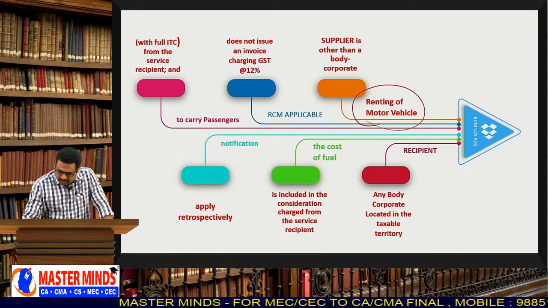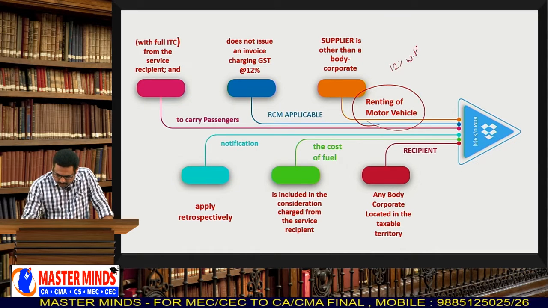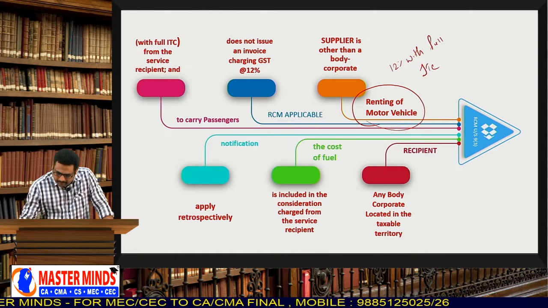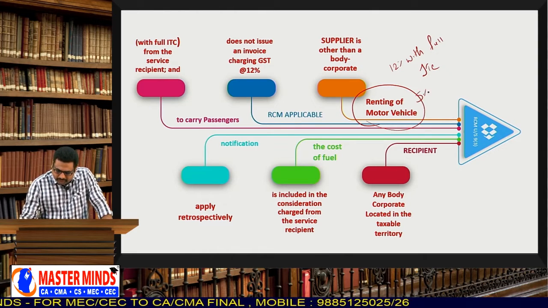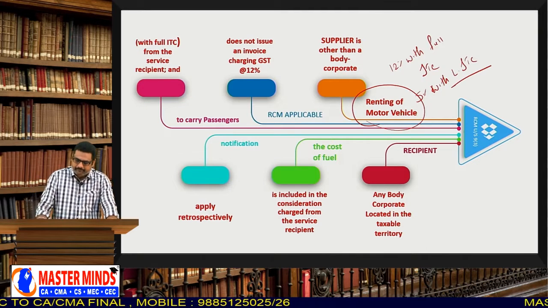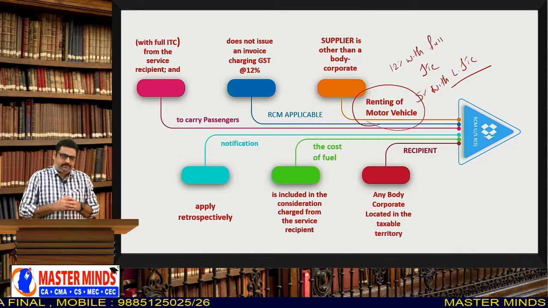Two different rates are there: 12% with full ITC, and the second one is 5% with limited ITC. Understood what I am saying?